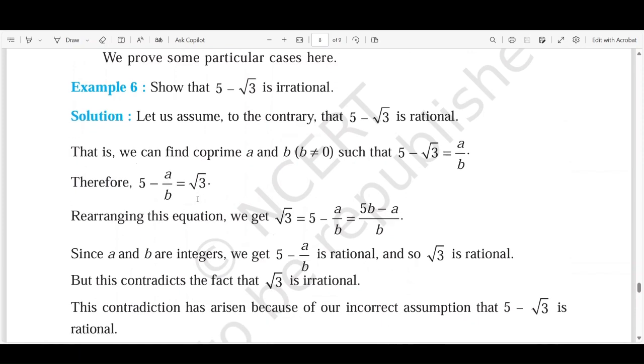Moving on to example 6, we have to show that 5 minus root 3 is irrational. So this is quite different from the previous examples, but we are going to adopt the same technique. Using the same idea of proof by contradiction, let us assume that 5 minus root 3 is rational, and we'll proceed.